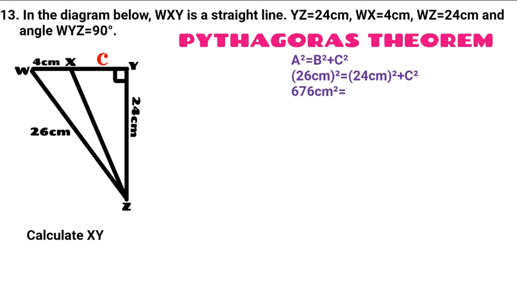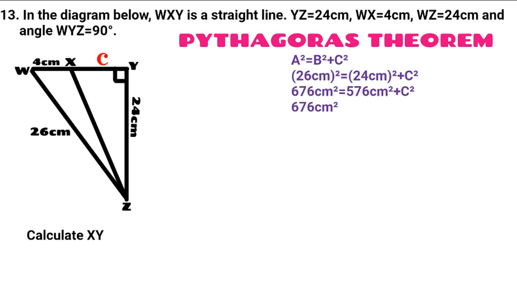And when we multiply 24 by 24, we get 576 centimeters squared. Then we write plus C squared. At this stage I'm going to put like terms together, so I write 676 centimeters squared, then 576 centimeters squared.